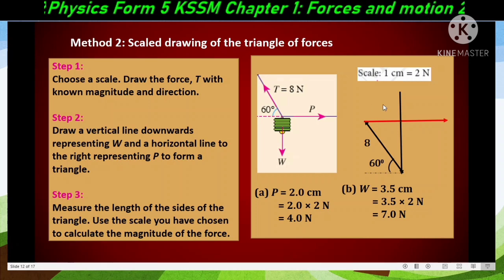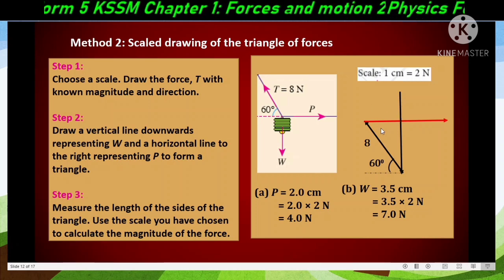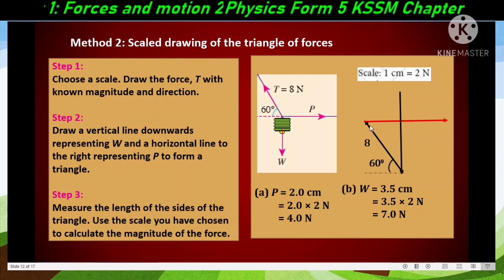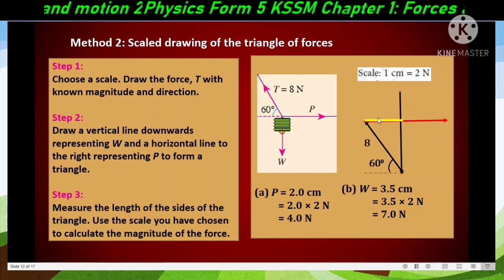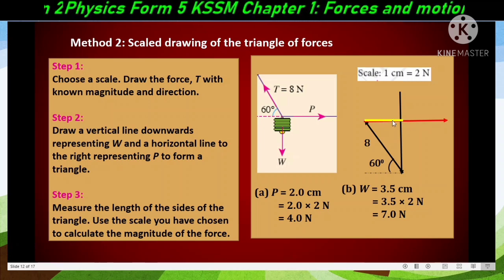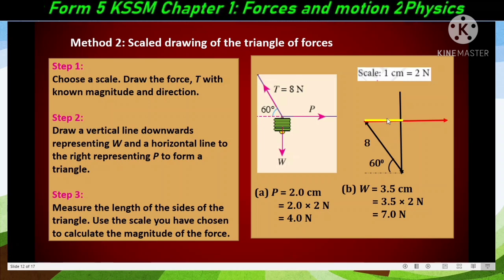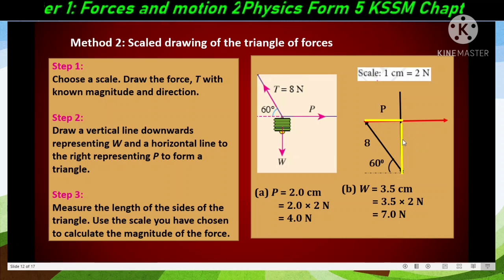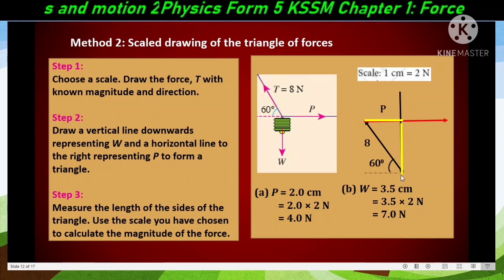You can use an eraser to rub off these parts, so you will get a right angle triangle here. So this side, the yellow color, actually represents P, and this side represents W.